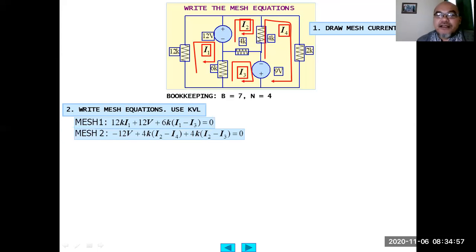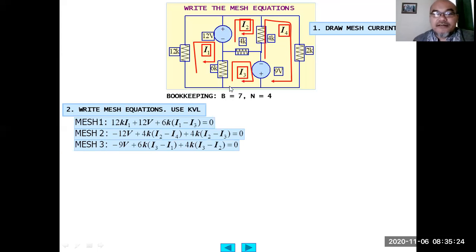So in mesh 2 here, if we depart from this node, then this is negative 12 volt because it is a voltage increase, which is a negative voltage drop. Negative 12 volt plus 4 kilo ohm here, I2 minus I4. Then here plus 4 kilo ohm multiplied by I2 minus I3.